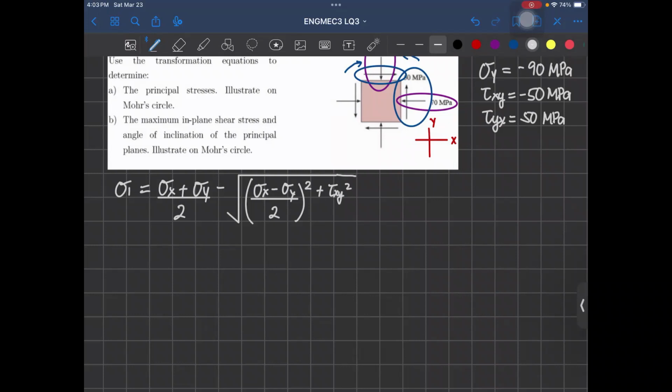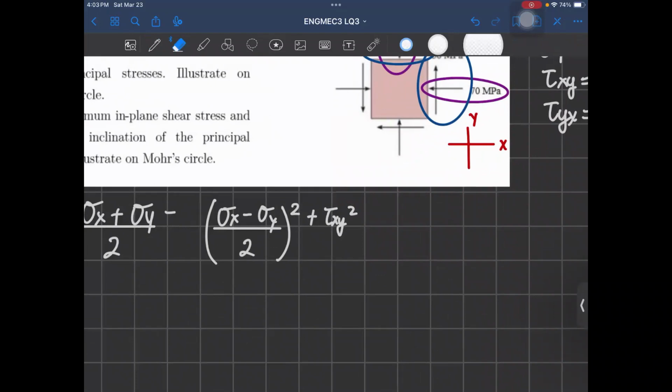Well, we can use tau xy or tau yx. Since it will be squared, the value would still be positive.